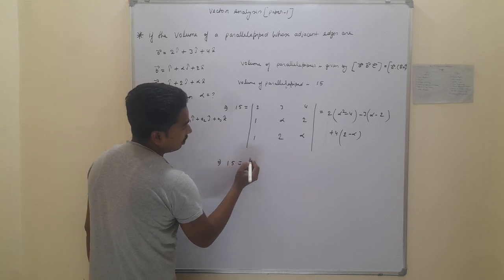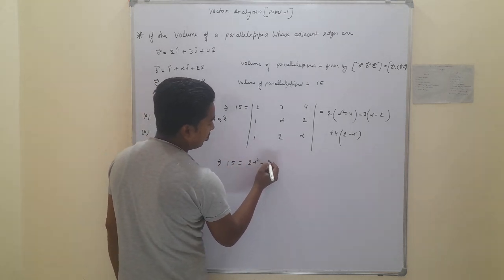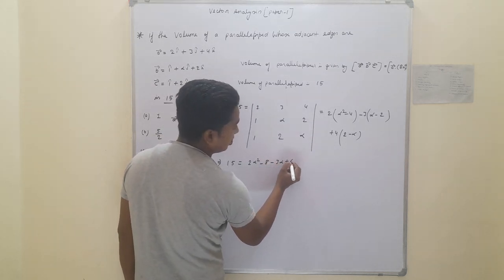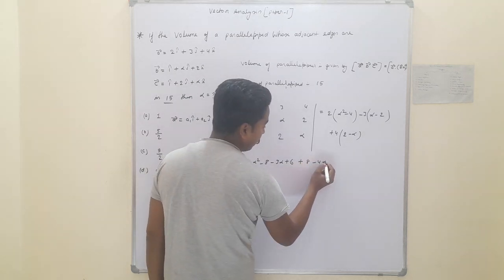Solving, we get 15 is equal to 2 alpha square minus 8 minus 3 alpha plus 6 plus 8 minus 4 alpha.